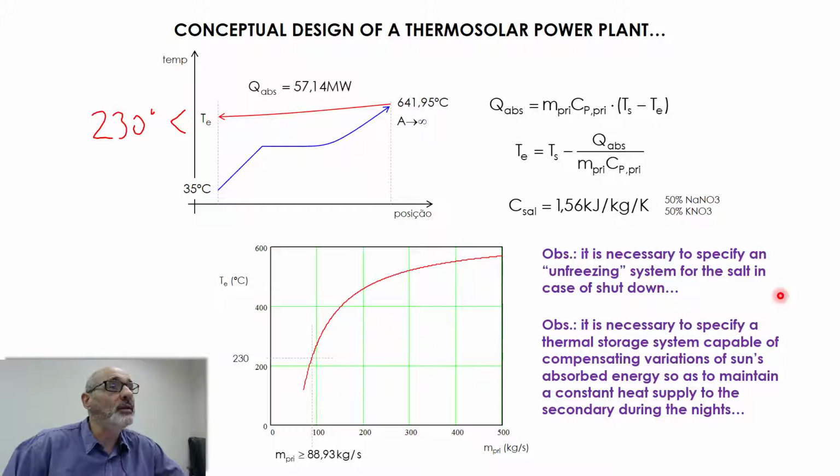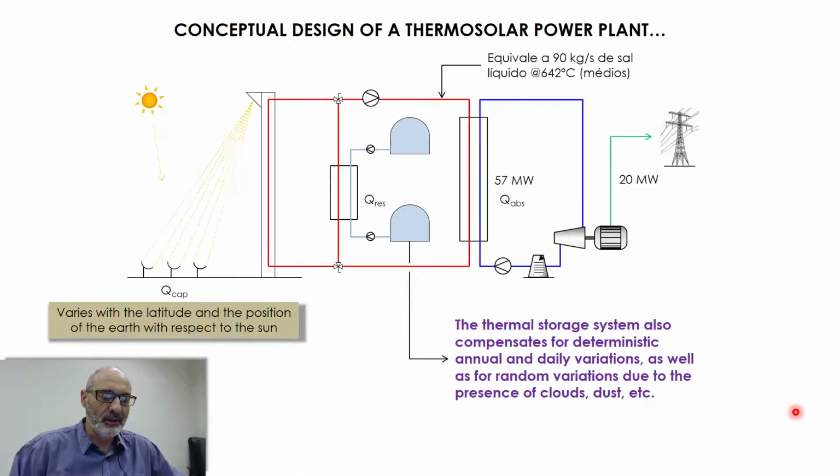This first point here we're not going to address because it doesn't change the configuration of our solar plant, I mean the conceptual numbers of our power plant, but this point here we're going to address further on. We're going to specify this storage system.